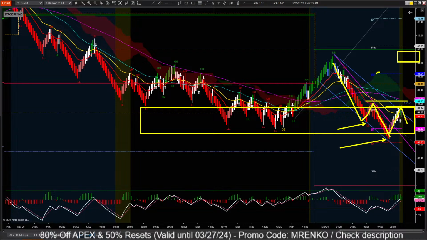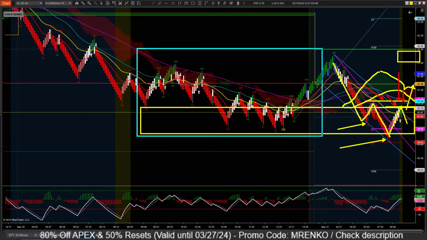And if you see here, we do have the cloud. If we are moving above the cloud at the moment that this one starts moving above this resistance, then we have a clean trend reversal breakout within the range.